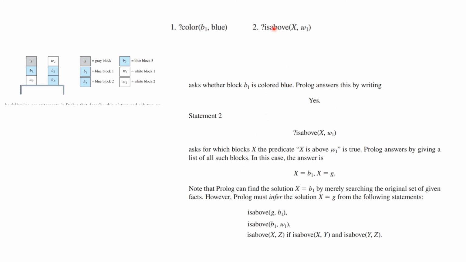Statement 2 asks, for which blocks x is x above w, and it will come back and give you two answers. Prolog finds the first solution by merely searching the original set for the facts, but it must infer the second one from this inference statement down here.